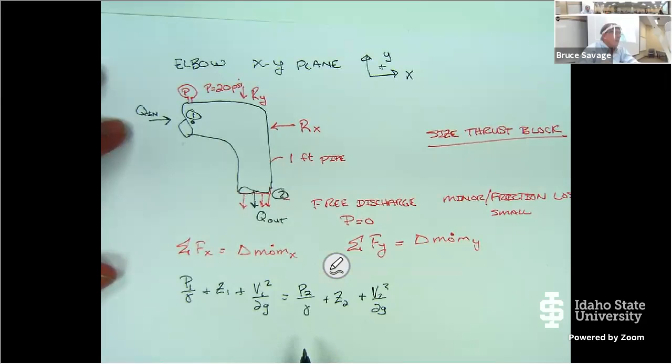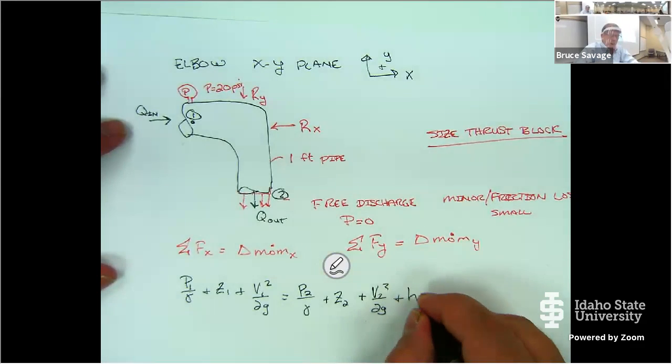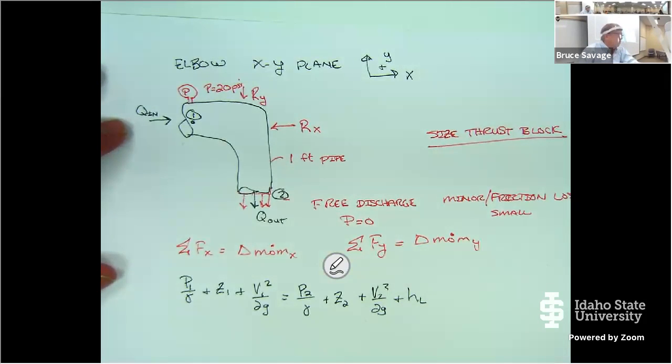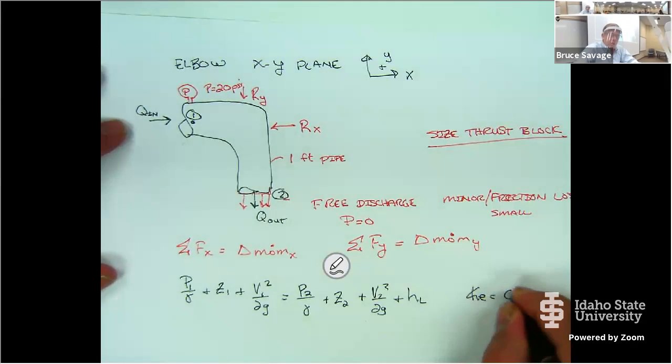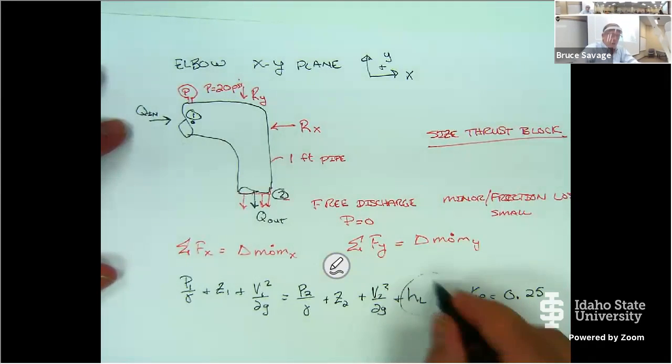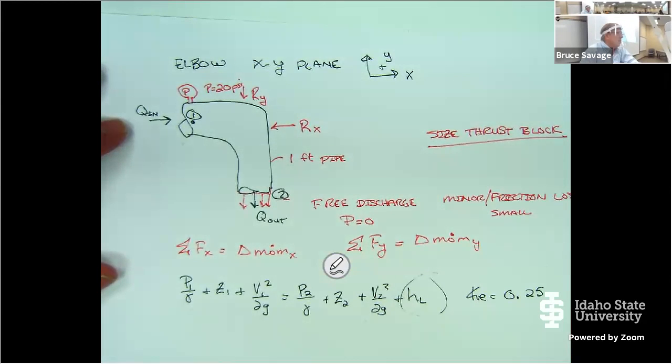So typically, the way we would solve this type of problem is we would put some sort of head loss in there. So for example, we could say that K of an elbow is equal to 0.25, and then the velocity inside the head loss would let us get that answer. And which is true, there is a head loss across that.